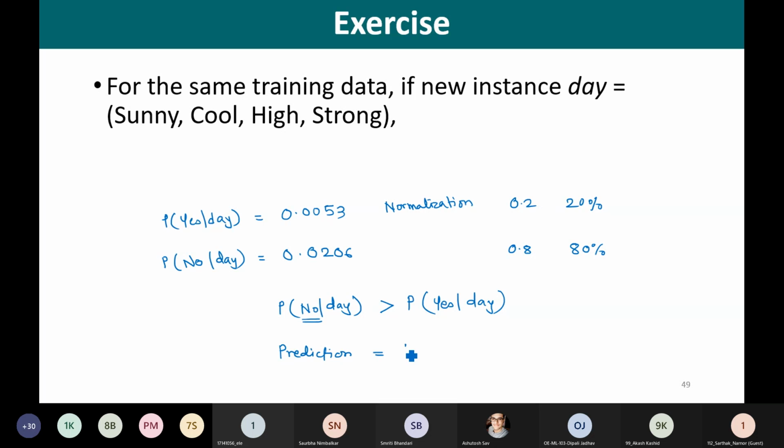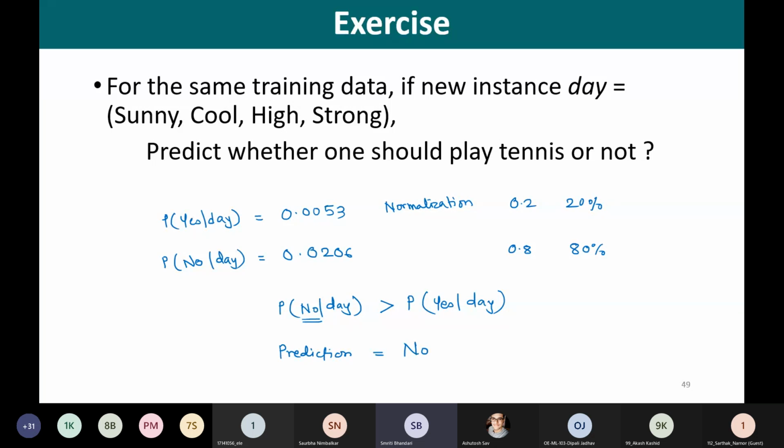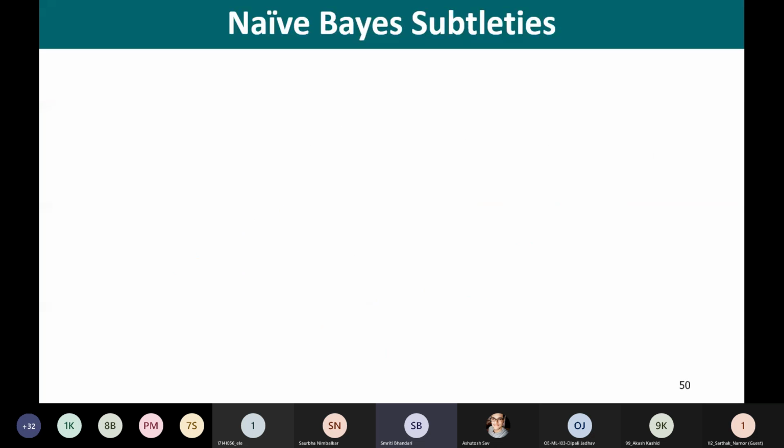So our prediction is no. This is how we need to come up with the solution. I hope all must have understood. If you have any doubts, please let me know. No, ma'am. Fine. With this, we have covered the Naive Bayes classifier.